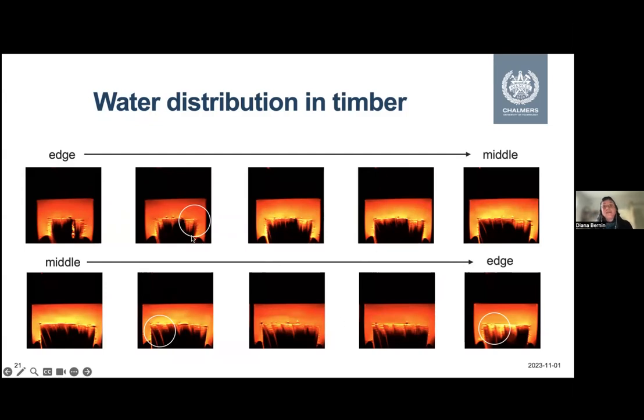You can also make 3D images, but MRI takes time, so if something happens fast, it's not a good idea to do 3D images. But here you can clearly see that the water here has traveled much further than here. And here you have some kind of channels where the water has been traveling, but not here, only in these channels. And when you look at this edge in comparison to this edge, it seems there's much more water here.